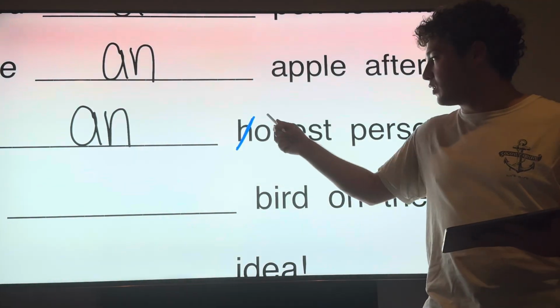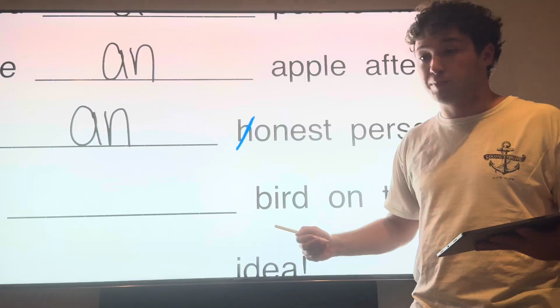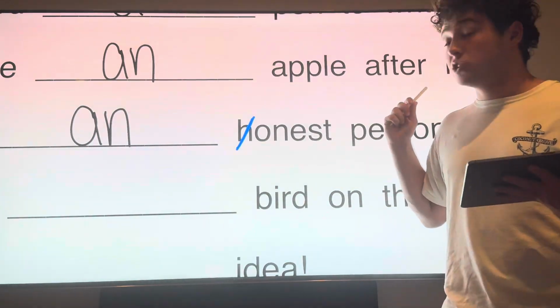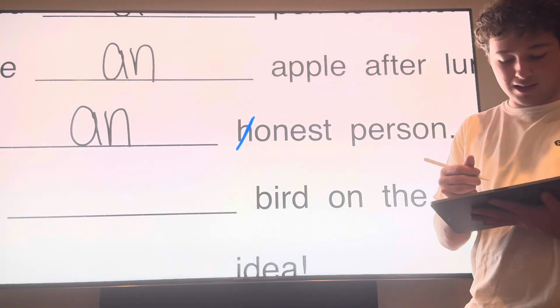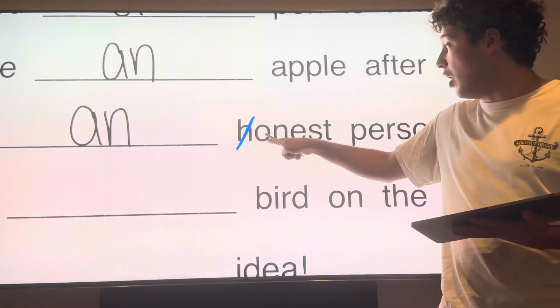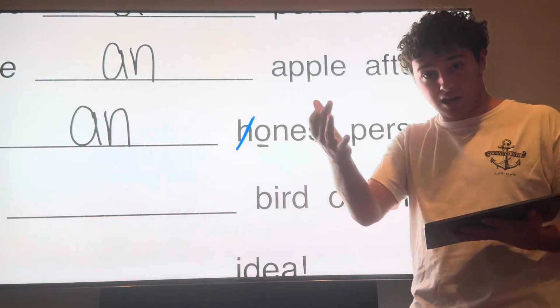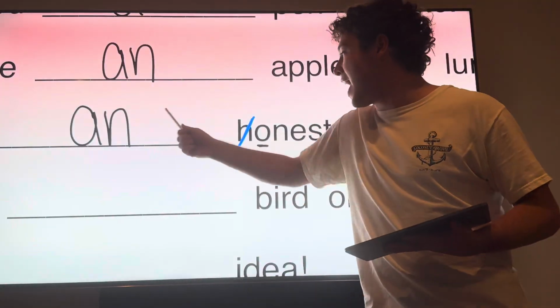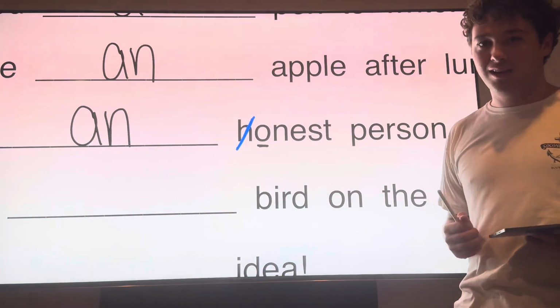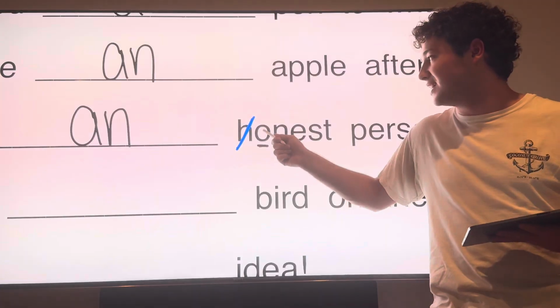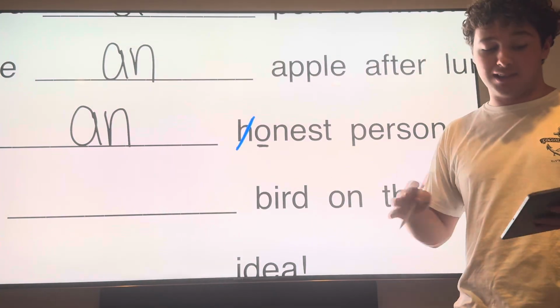Honest. Even though there's the H, it could be "honest," but it's not. It's "onest." So we pretend in our hearing the O is the first letter. That is the first letter that we speak, so it's an honest person. It's a little confusing, but when you have the silent letter, the vowel decides.